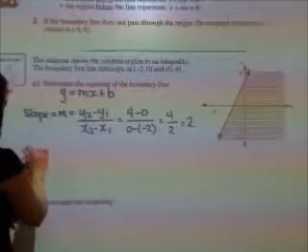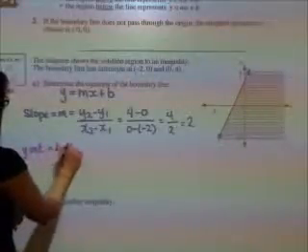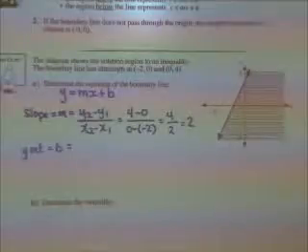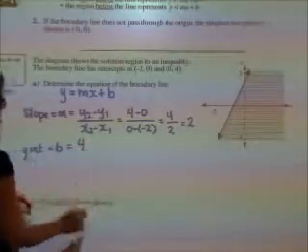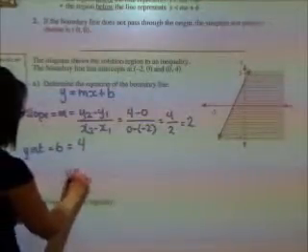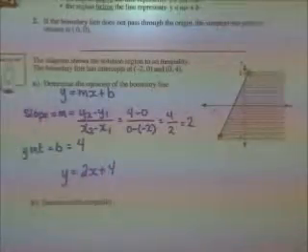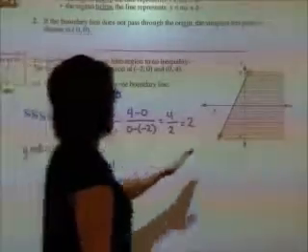My y-intercept is my b value. So where does the graph cross the y-axis? At 4. So my b value would be 4. So my equation would be y equals 2x plus 4. If I put that into my graphing calculator, I will get this line.